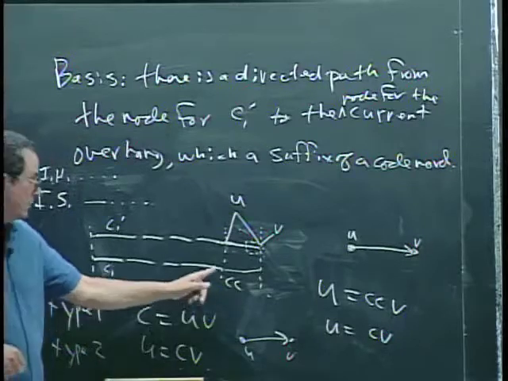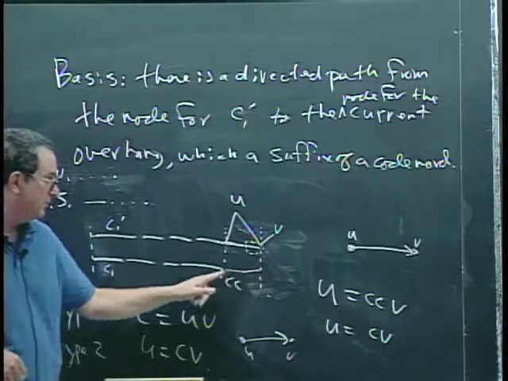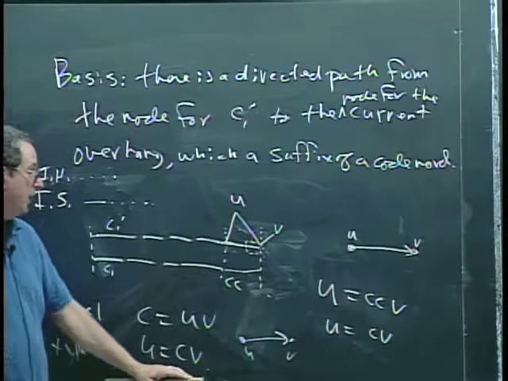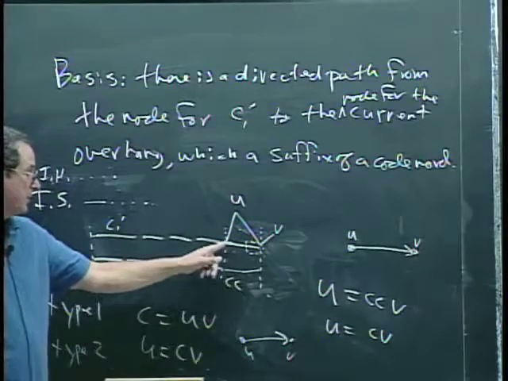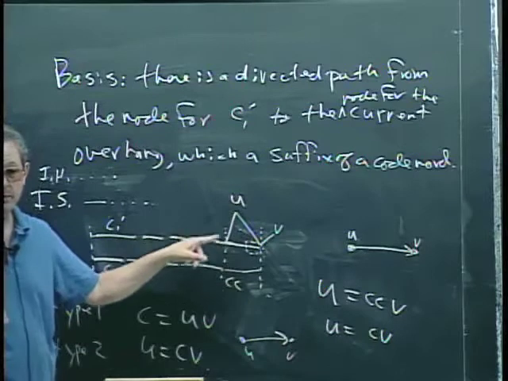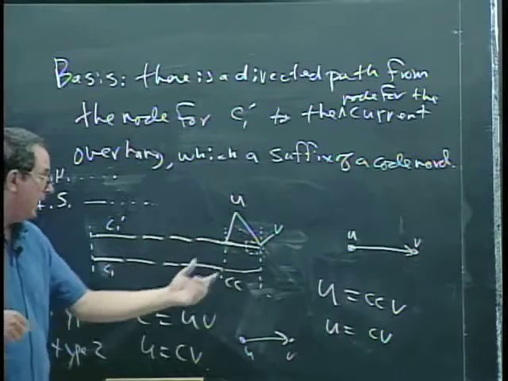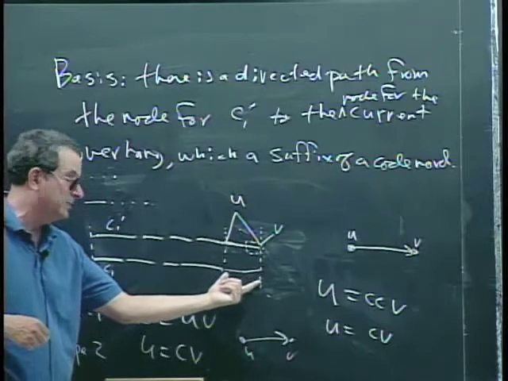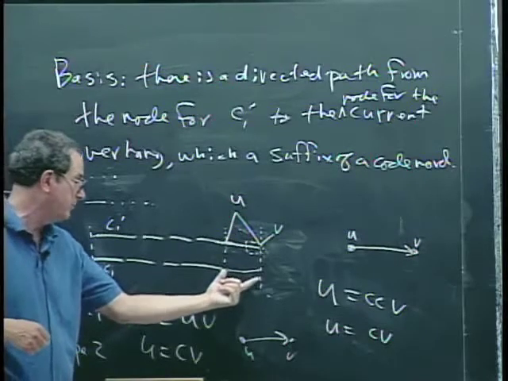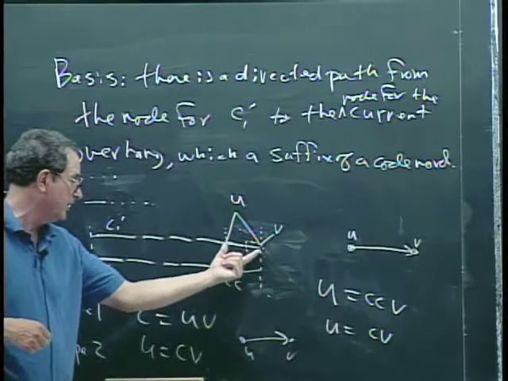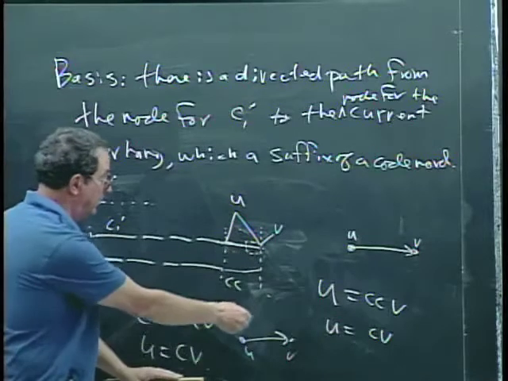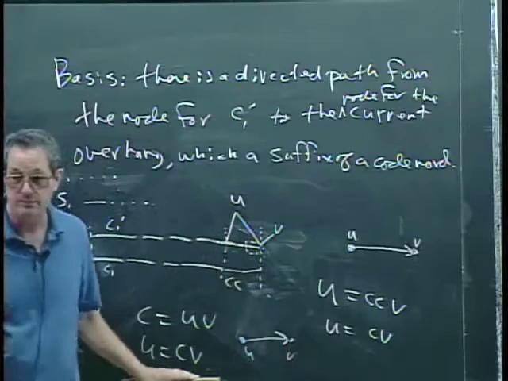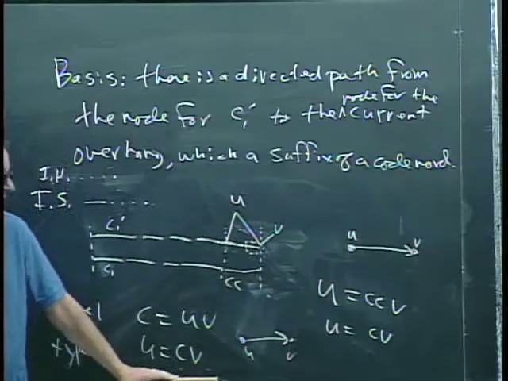Just before we put this CC in, the path from C1 prime ran to a node that represented U. That was the current overhang. And now we're realizing that because there's a code word CC here which makes the two parses equal, CC is the same length as U. And CC is a code word.